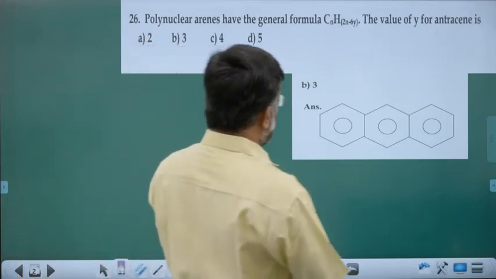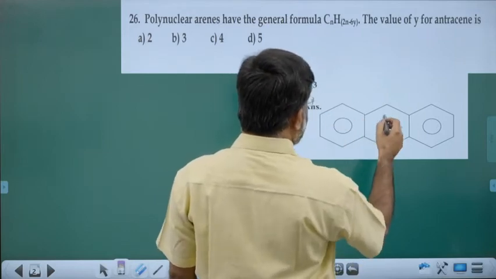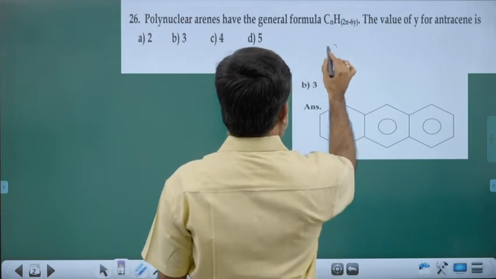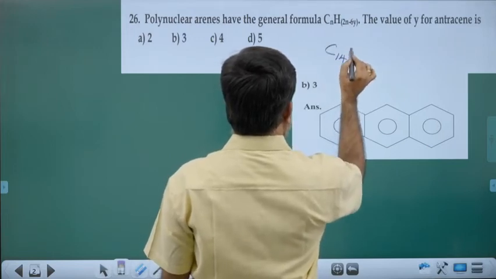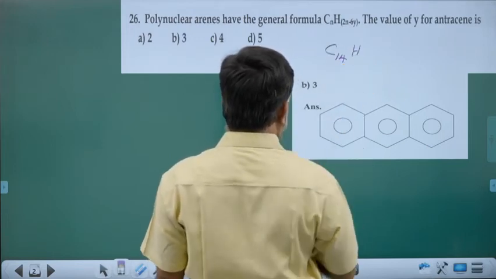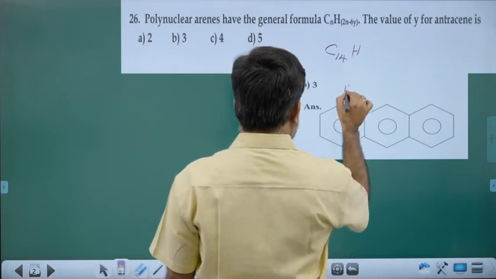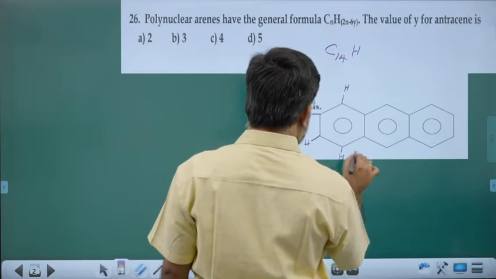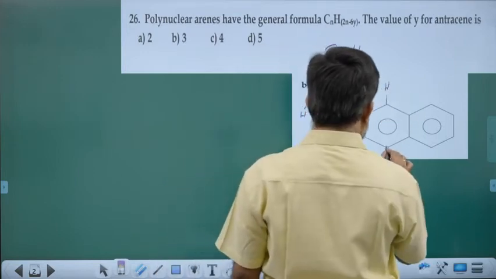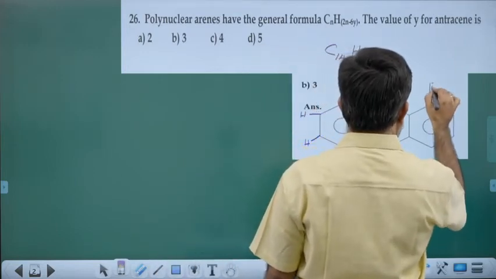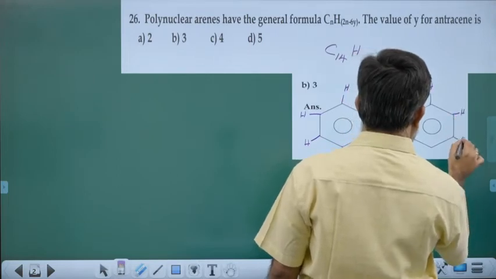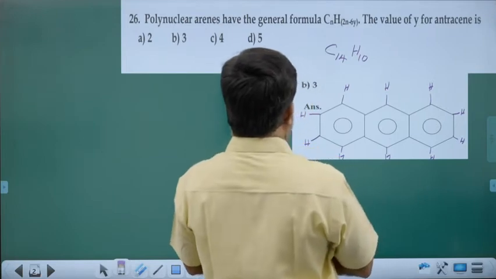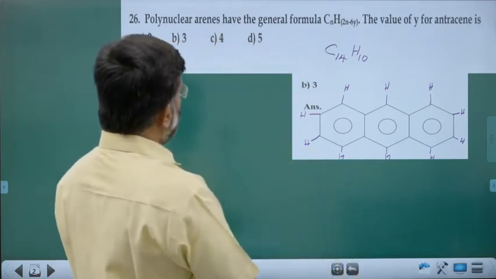And how many carbon atoms are there? 14 carbon atoms are there. And how many hydrogen? 1, 2, 3, 4, 5, 6, plus 4, 10. So 10 hydrogen atoms.